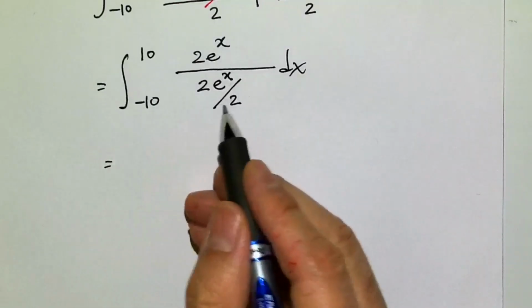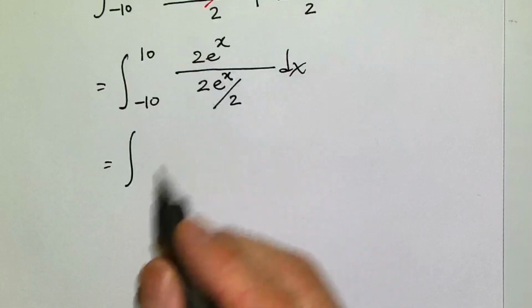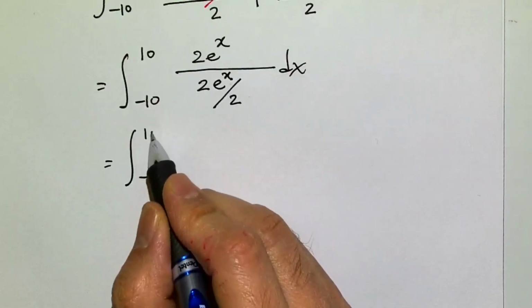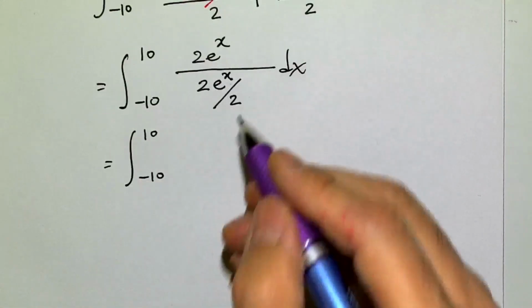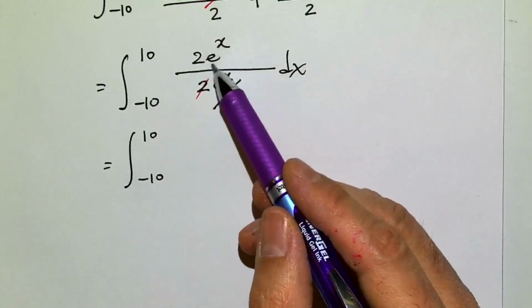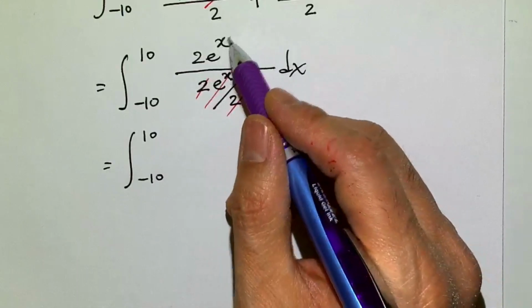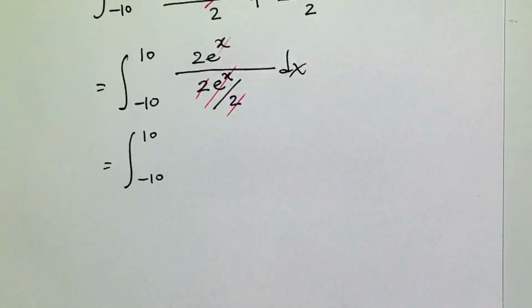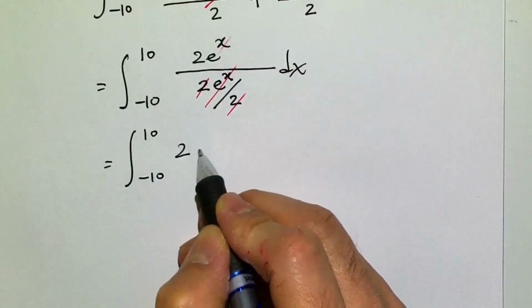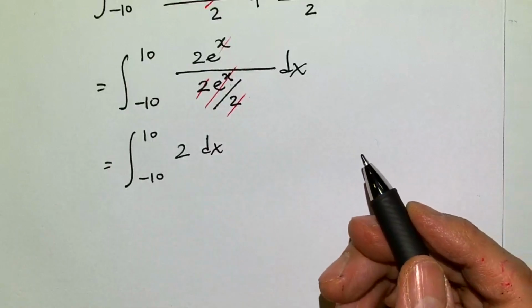So look at the denominator. Most things simplify here, right? So this 2 and this 2 cancel out. And then we end up with 2 times e to the x over e to the x. Then the e to the x terms cancel out. So we basically end up with the integral of 2 dx going from negative 10 to 10.